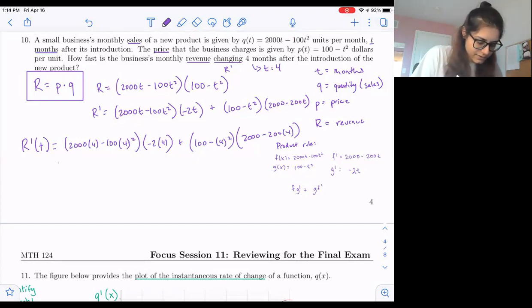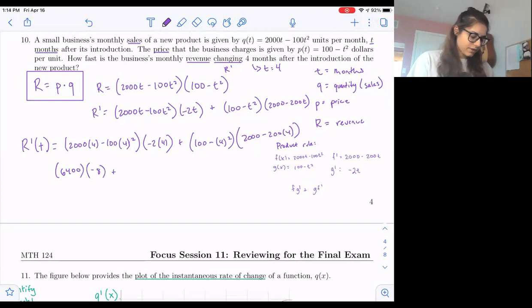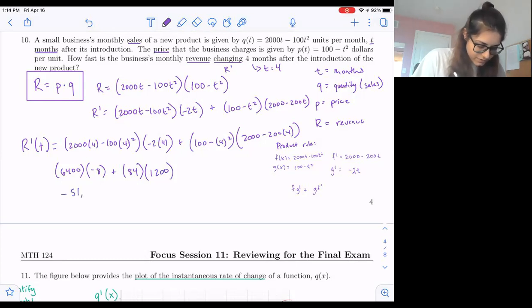So that first one gives us 6,400. Negative 2 times 4 is negative 8. Plus 100 minus 4 squared gives us 84, multiplied by 2,000 minus 200 times 4. That's 1,200. 6,400 times negative 8 is negative 51,200 plus 84 times 1,200 is 100,800.